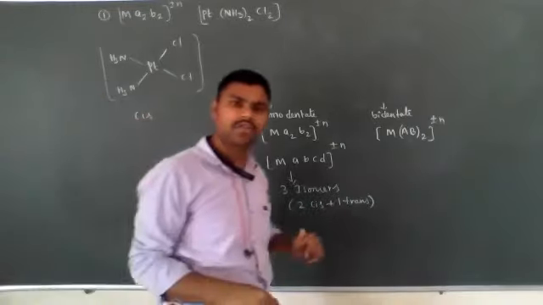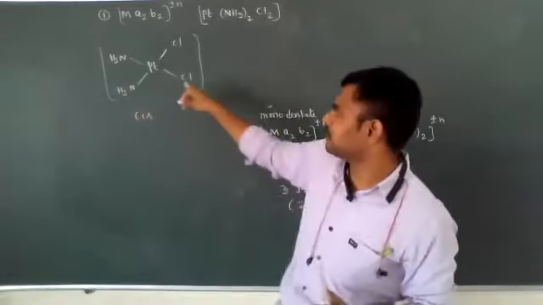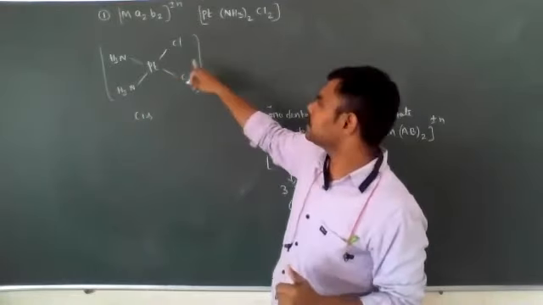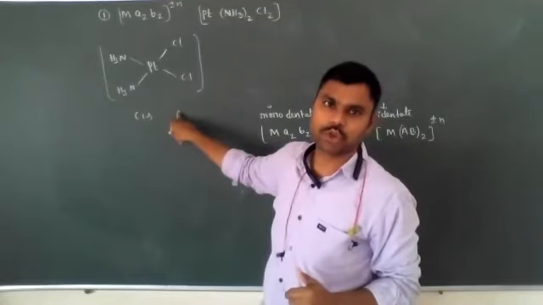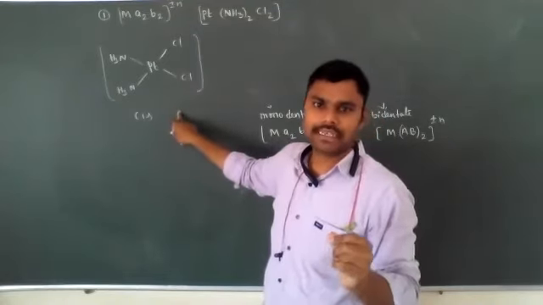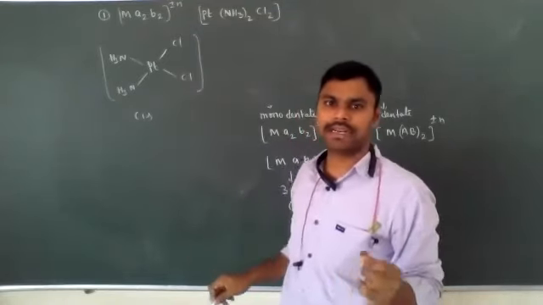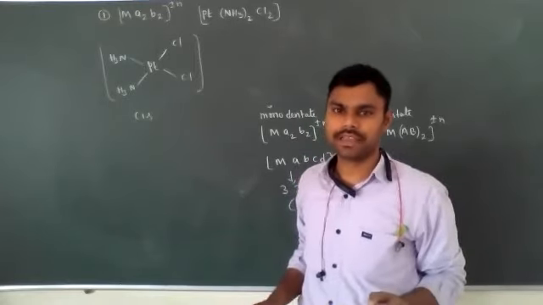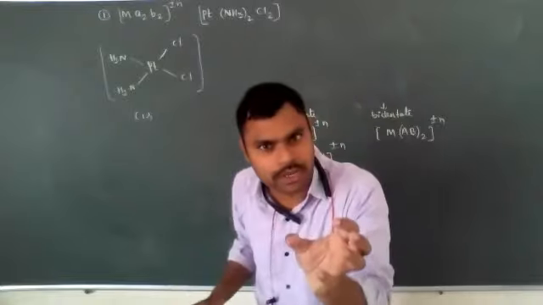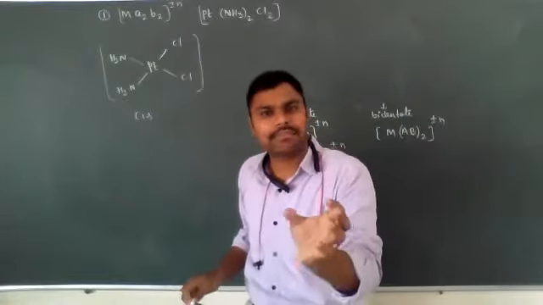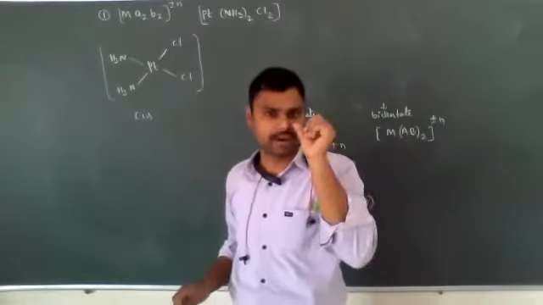We have already discussed earlier the cisplatin complex compound, diamminedichloroplatinum(II), which we use for the treatment of cancer. In cancer treatment we use this. Especially the cis isomer alone acts as a drug, but not the trans isomer.